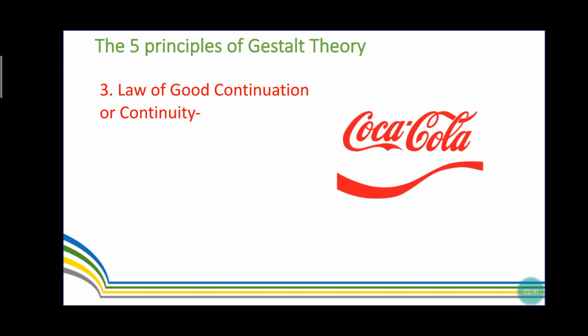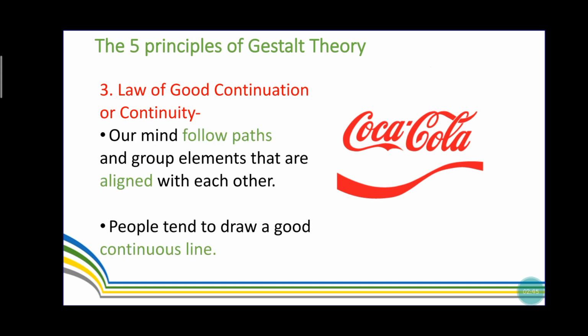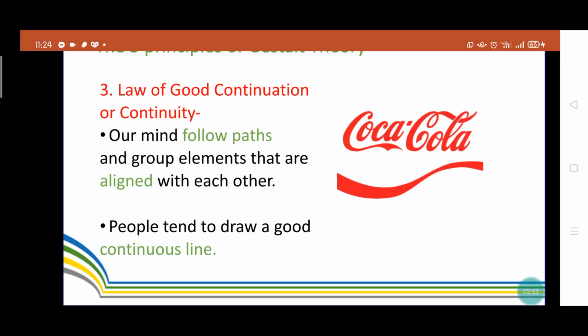Okay, so next we have the law of good continuation or continuity. This asserts that the human eye follows lines, curves, or a sequence of shapes in order to determine a relationship between design elements. So our mind follows paths and groups elements that are aligned with each other. People tend to draw a good continuous line.